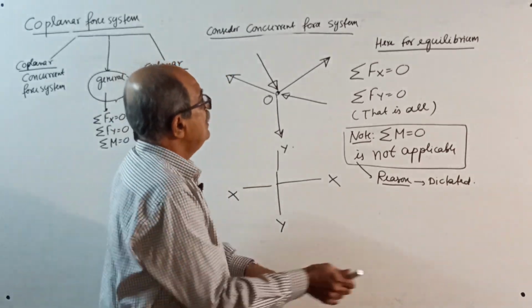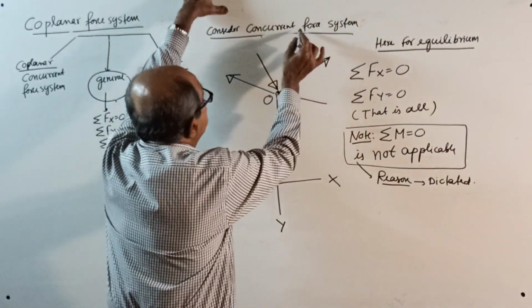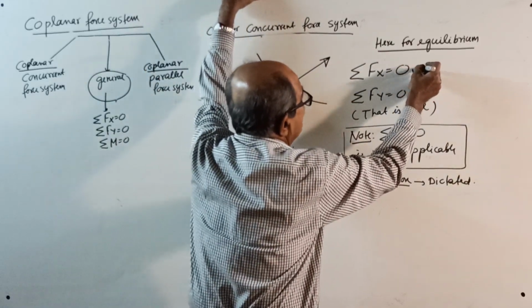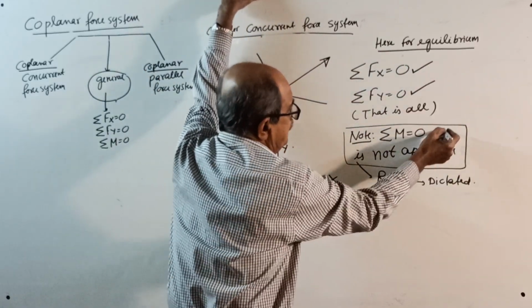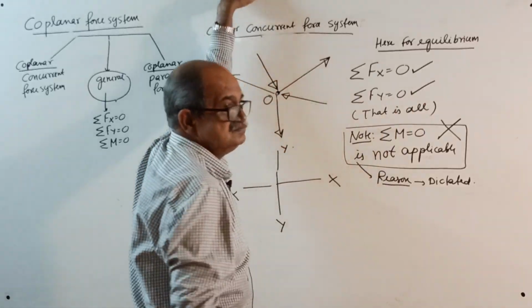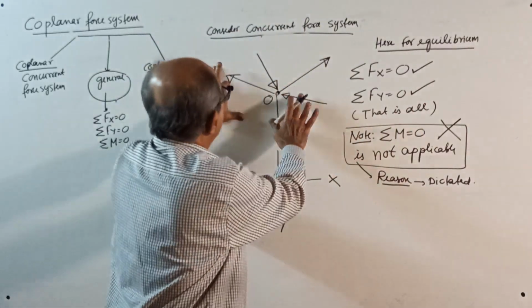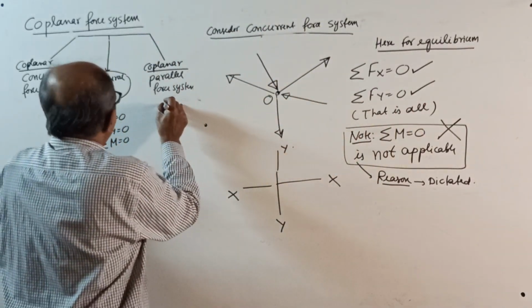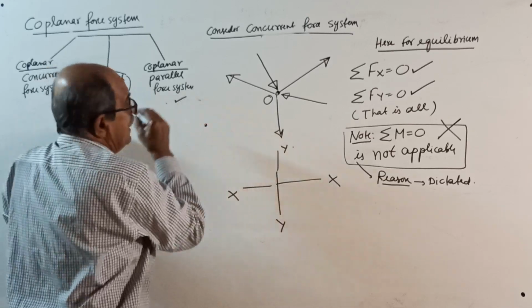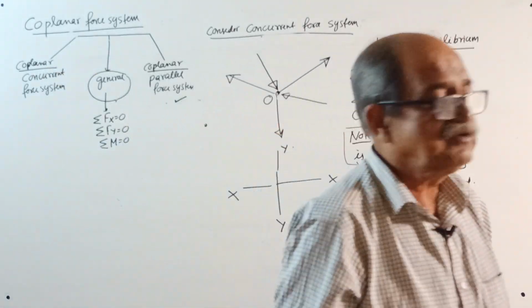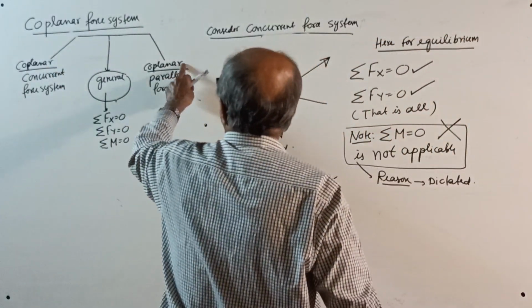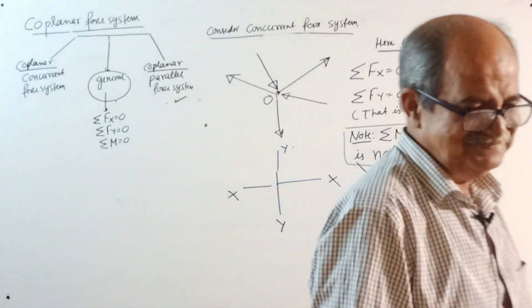So therefore, for concurrent force system, only sigma Fx and sigma Fy. Sigma M is not applicable. Okay, now this is for concurrent. Now I will tell for the general case, coplanar parallel force system.